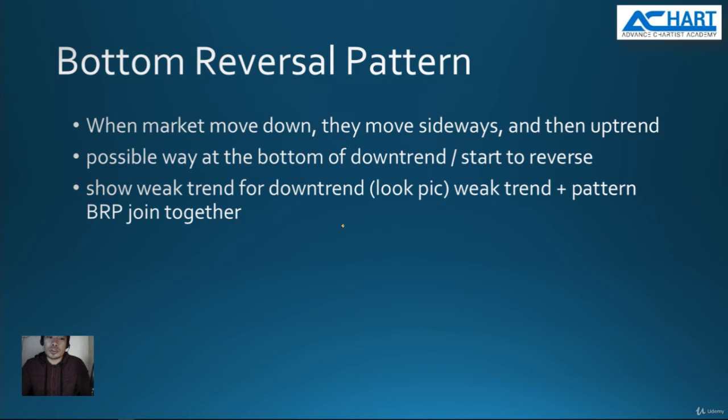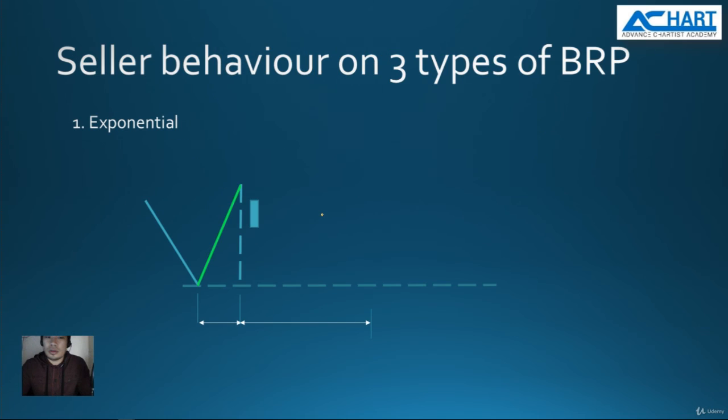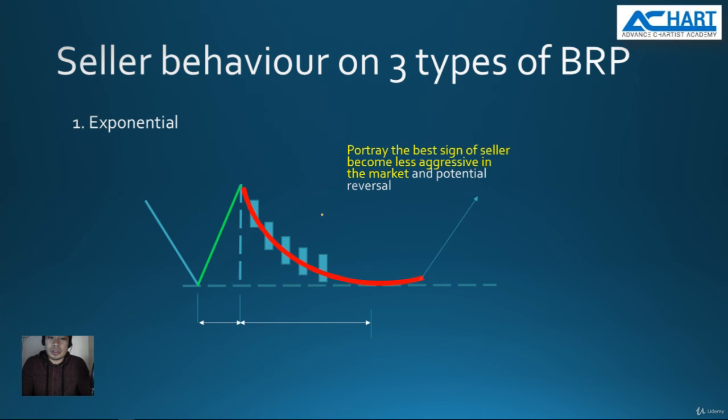Now this is seller behavior on the three types of bottom reversal pattern. Number one is exponential. We can see the candlestick makes this kind of parabolic movement. This is the best indication, portraying the best sign of the seller becoming less aggressive in the market and a potential reversal.